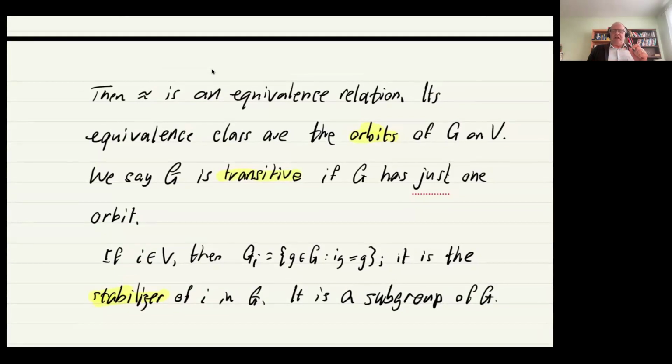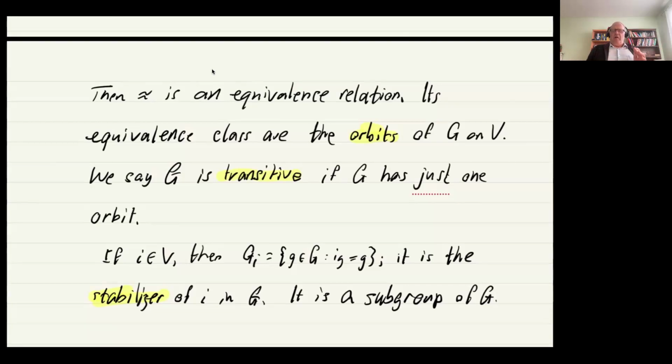So the jargon is that it acts 2-transitively. But when you look at the action on the vertices of the Petersen graph, the unordered pairs from 0 through 4, it is transitive, but it is no longer 2-transitive, because you can't map an overlapping pair of pairs to a disjoint pair of pairs. So yes, the definition of transitivity depends on the action.